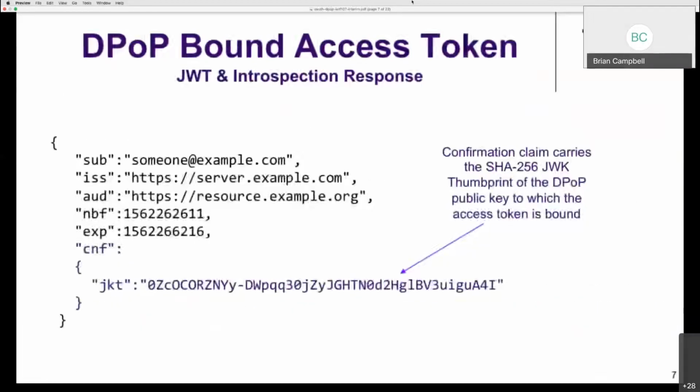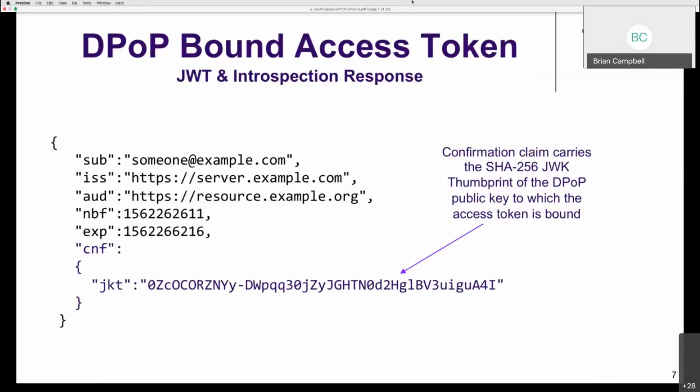That access token might look something like this, both for JWT-based tokens and tokens that are introspected. We defined jkt for the SHA-256 JWK thumbprint of the public key, and that does the binding of this particular access token to the public key that the client is asserting through the DPoP proof.